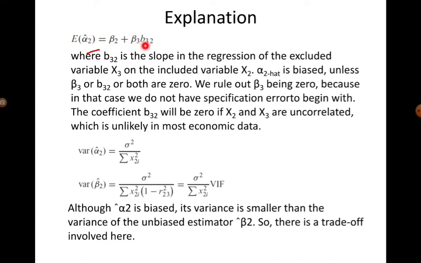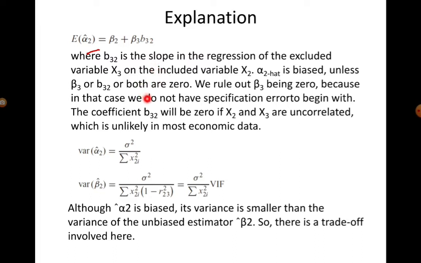Here b32 is basically the slope of the regression of x3 on x2, right? Your b32 will be 0 if x2 and x3 are uncorrelated and independent of each other. In that case, like I said, your alpha 2 estimator, alpha 2 hat, will be an unbiased estimator, right?